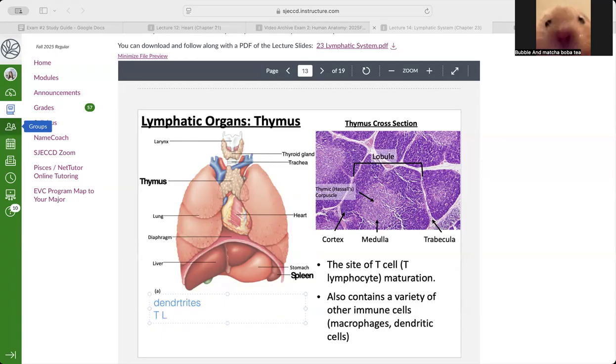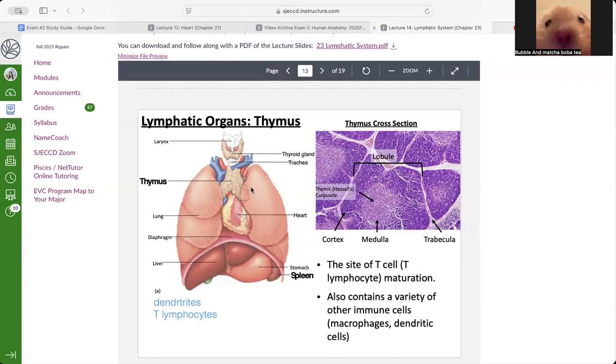And then they have these T lymphocytes, and if they fail any tests by the dendritic cells, okay.